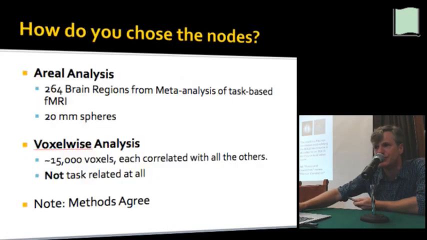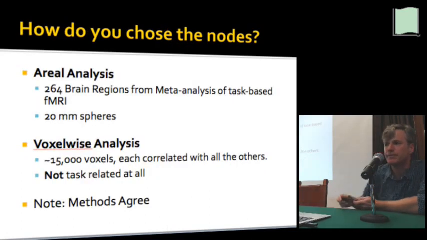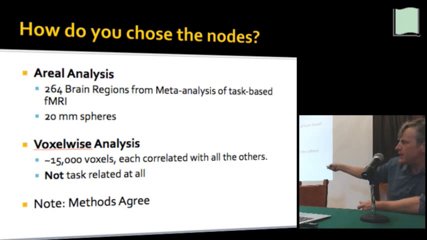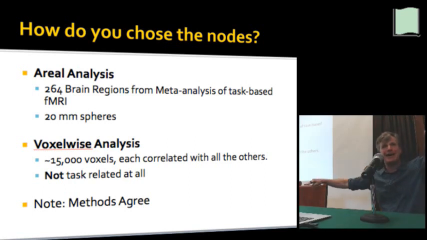Now, how do you choose the nodes that go into this analysis? Well, what I was describing earlier is this voxel-wise analysis, and you get 10 to 15,000 voxels correlated with 10 to 15,000 voxels, and you get a very complicated matrix of the sort that I walked you through earlier.